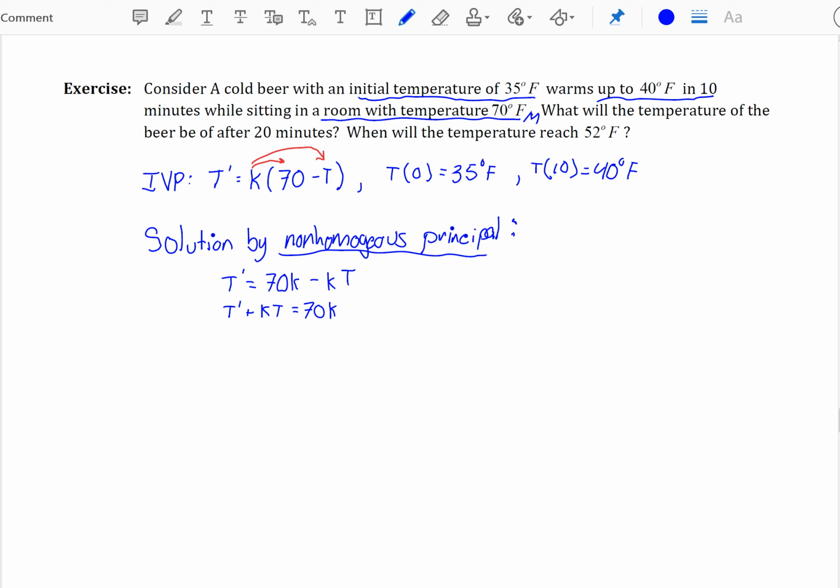And since we're using the non-homogeneous principle, I'm going to break our solution into two pieces. Let us first find the homogeneous solution. And then after that, we'll find the particular solution to the non-homogeneous equation.